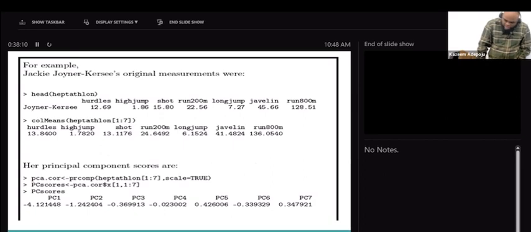Let me just give the takeaway from principal components. Let me tell you this: I'm not a fan of principal components. I'm a statistician that doesn't believe in it, even though it solves a problem.